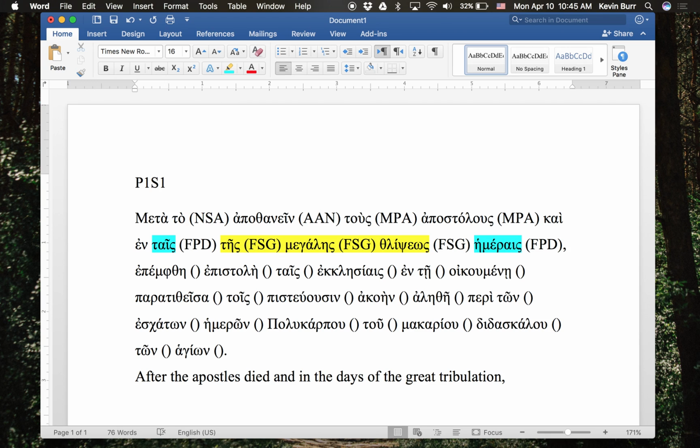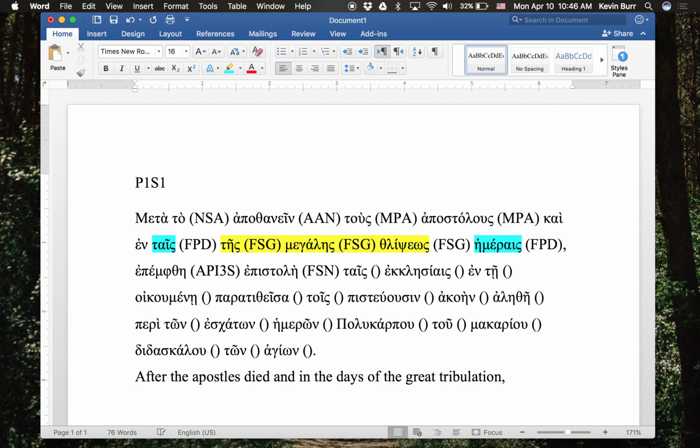Epemphthe. We have here an aorist passive indicative third singular from the verb pempo, to send, I send. So we're looking for a subject. Well, the very next word is our subject, because epistole is feminine singular nominative.